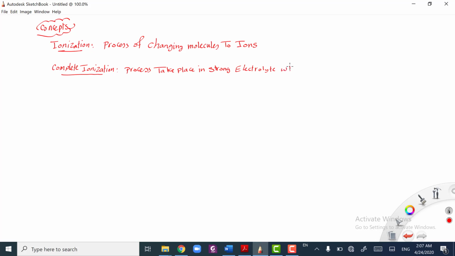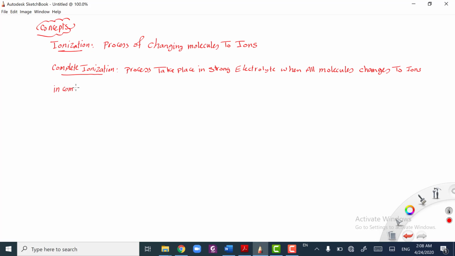Complete ionization takes place when all molecules change to ions. Number 3, incomplete ionization.